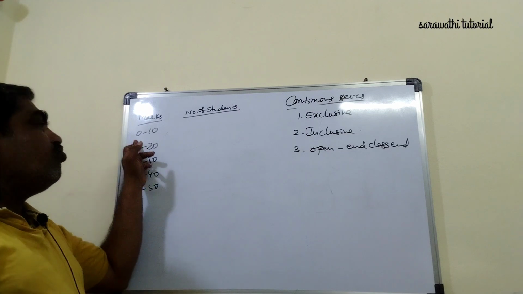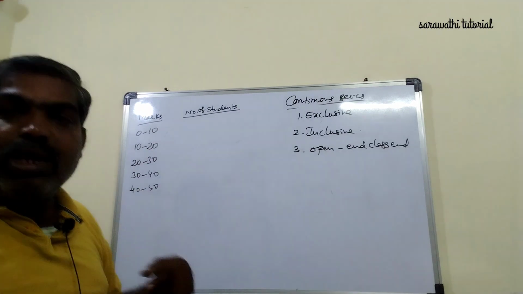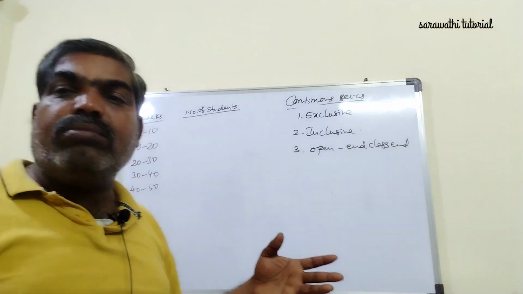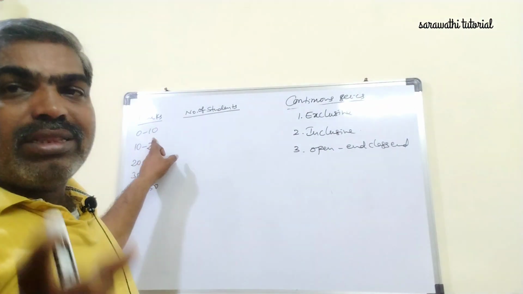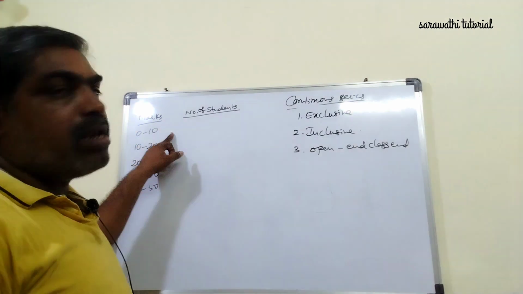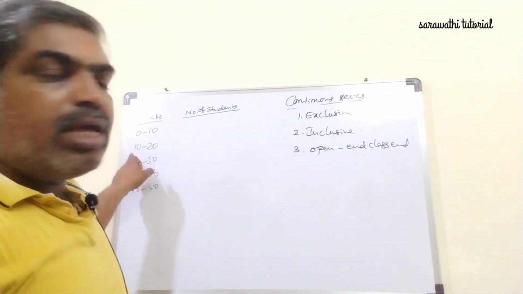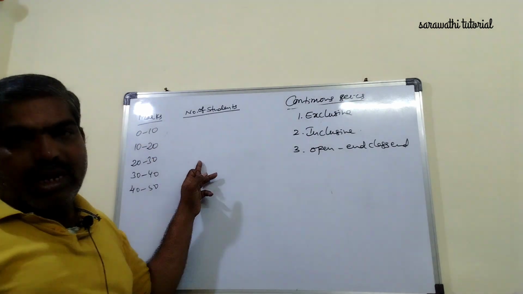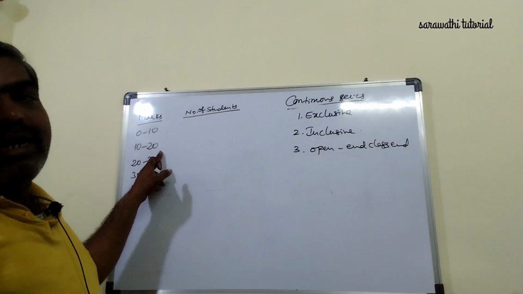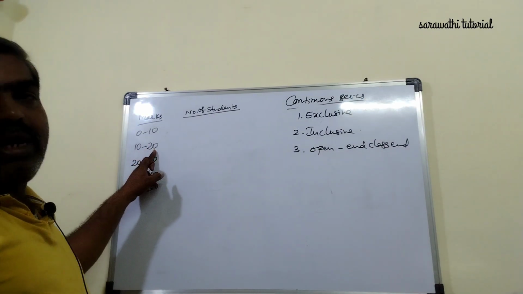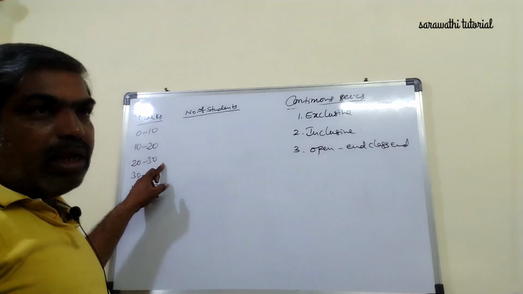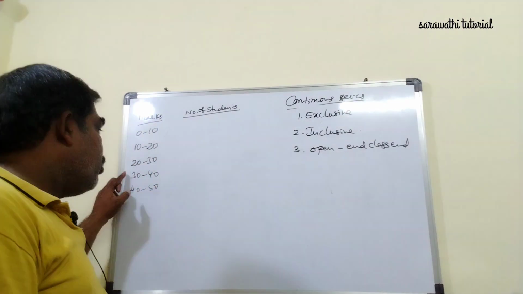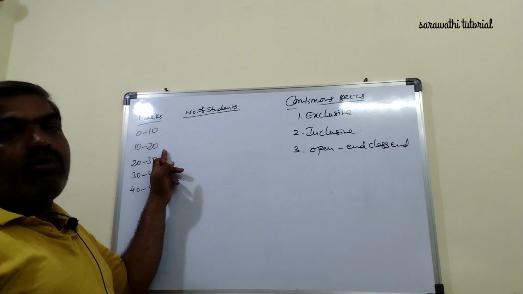For example, 0 to 10: even if you got 8 marks, 7 marks, or 6 marks, we record them here. If you got 10 marks, that cannot be recorded in the first class. It will be recorded in the second class, 10 to 20. And if you got 20 marks, that should be taken under 20 to 30, not under 10 to 20.